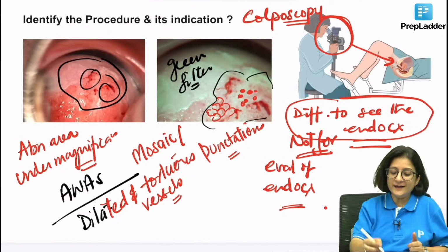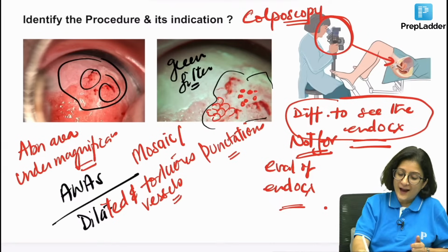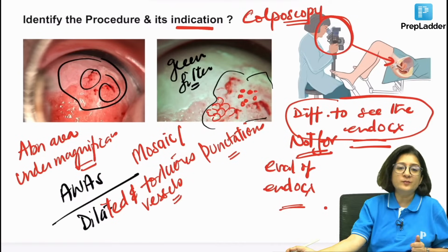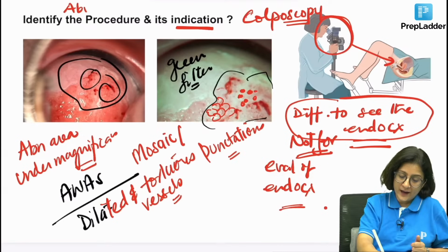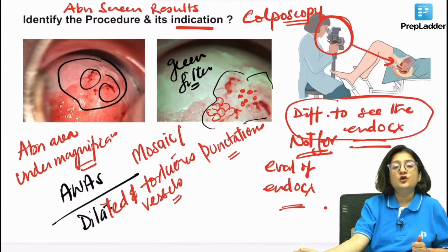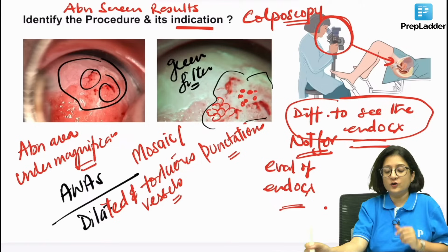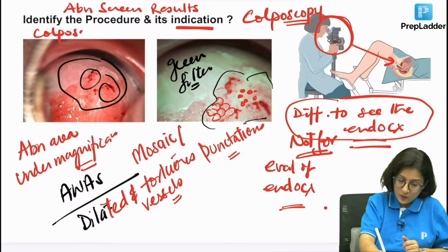So the utility is to analyze abnormal screening results, to look for an abnormal area to biopsy, that is colposcopy directed biopsy.